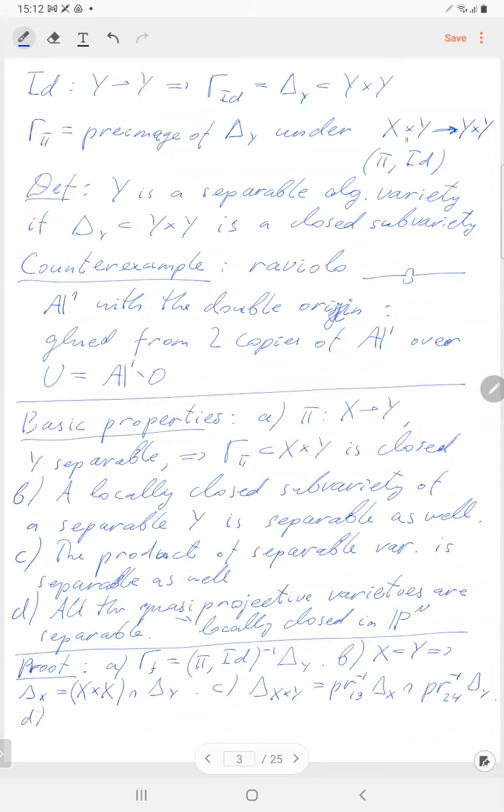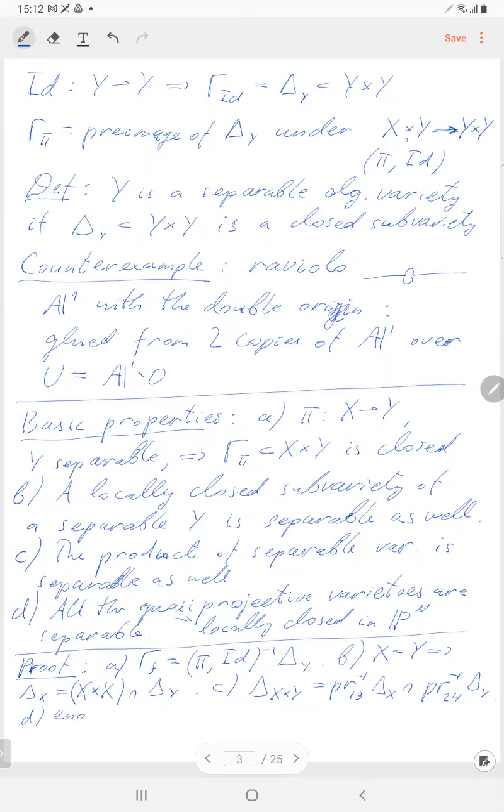Finally, about quasi-projective, you only have to prove this for projective varieties, right? Because then you just apply part B. Yeah, you apply it to subvarieties in projective.